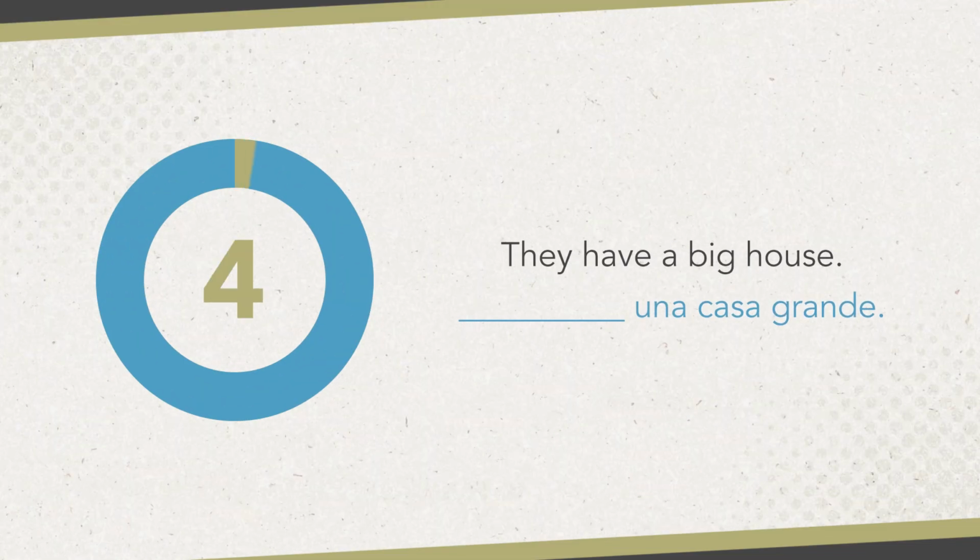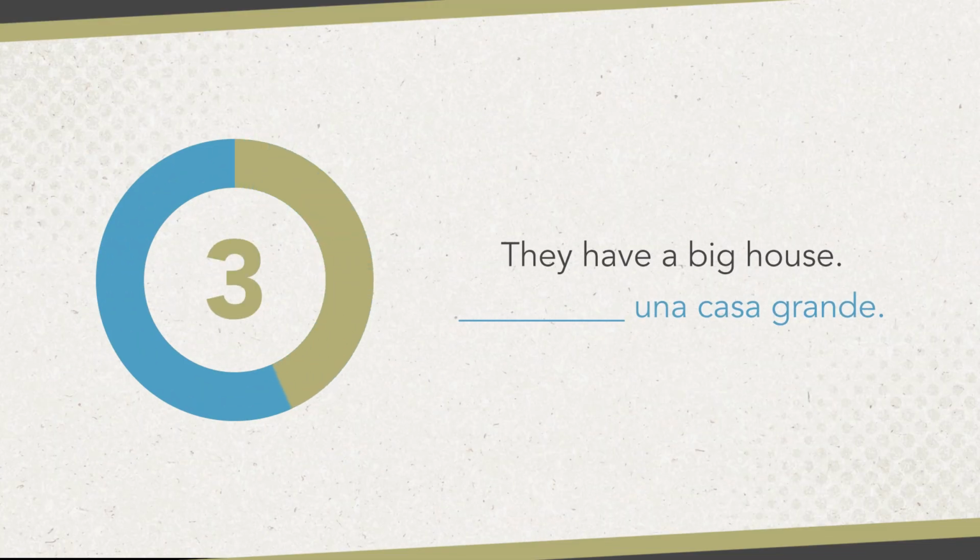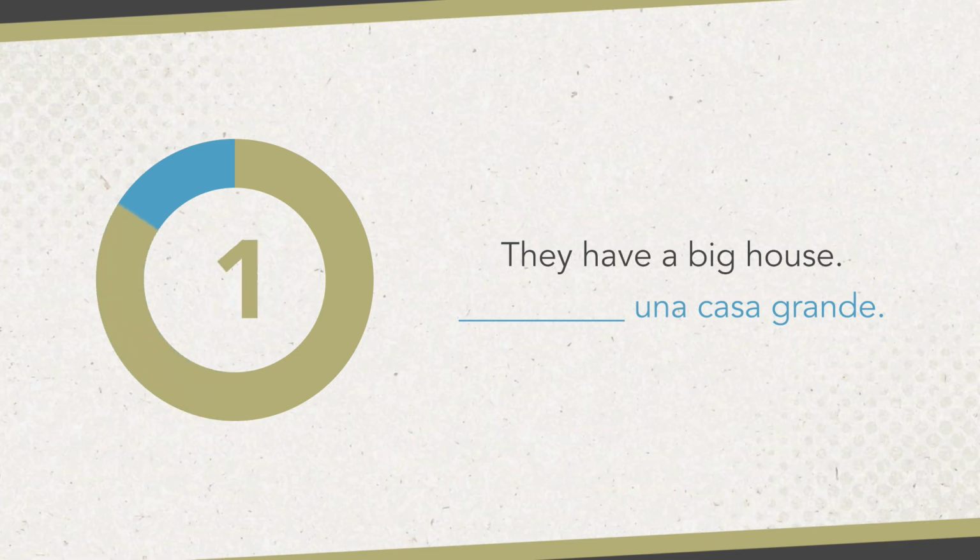For now, let's just keep practicing the verb tener with flashcards. But this time, you'll notice that some of these sentences are restructured so that they use direct object pronouns. In each case, try to predict the right version of tener. They have a big house. Tienen una casa grande.